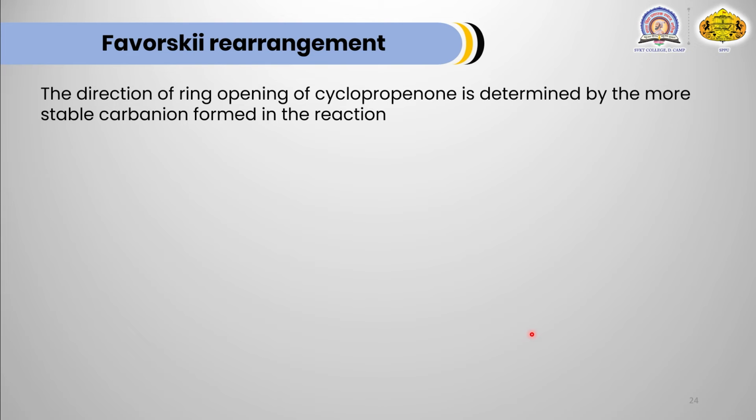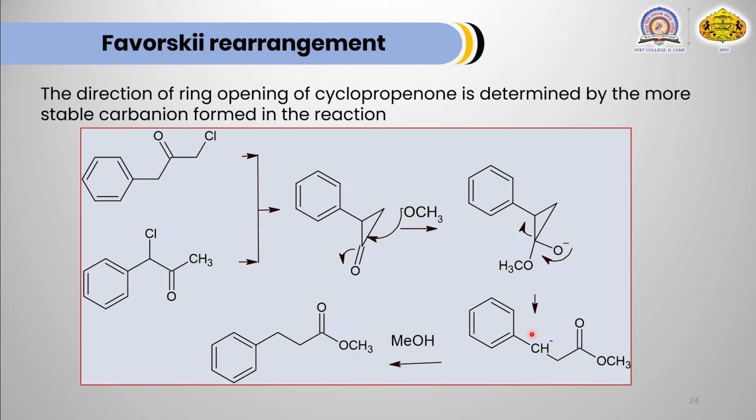The direction of ring opening of cyclopropanone is determined by the most stable carbanion formed in the reaction. As we have already seen, ring opening takes place in such a way that after ring opening a more stable carbanion should be obtained. Now let's see this example.